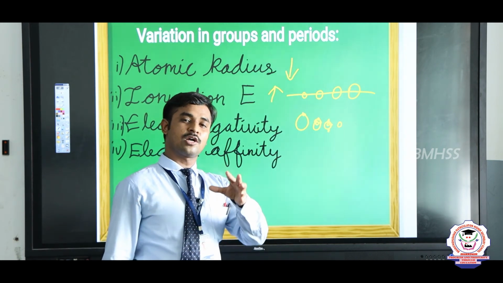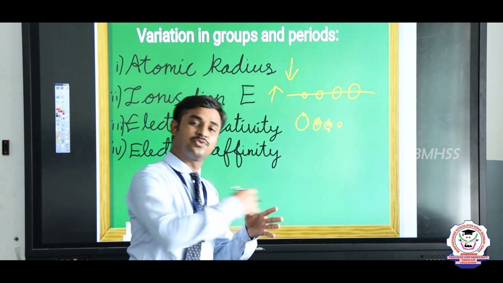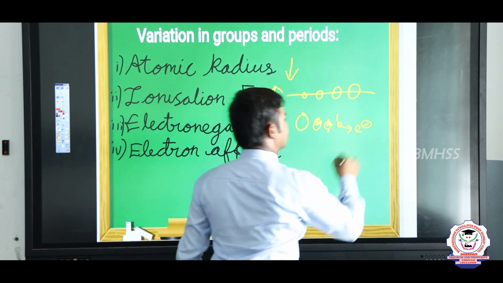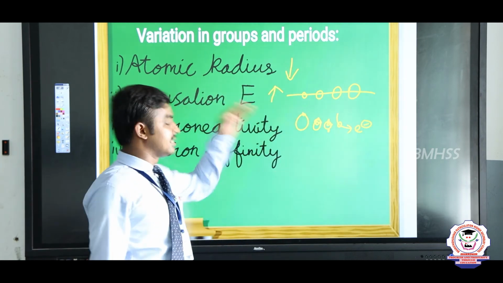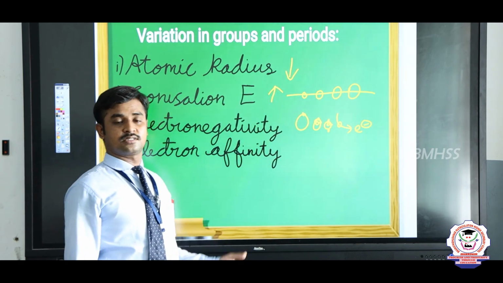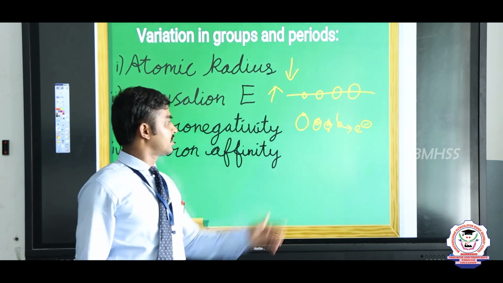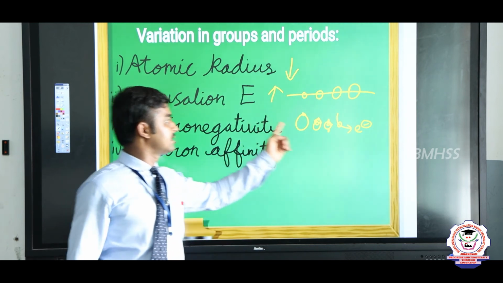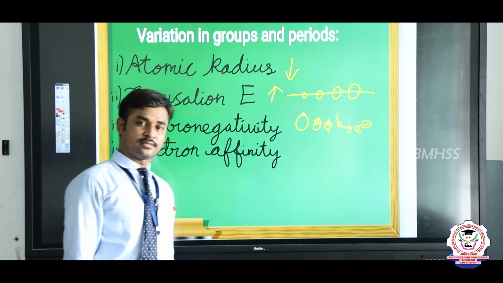The nucleus strongly attracts the electrons, so it is not easy to remove the electron. When we can easily remove the electron, the ionization energy is low, but here it is not easy. We need to spend large ionization energy. So the ionization energy increases from left to right.